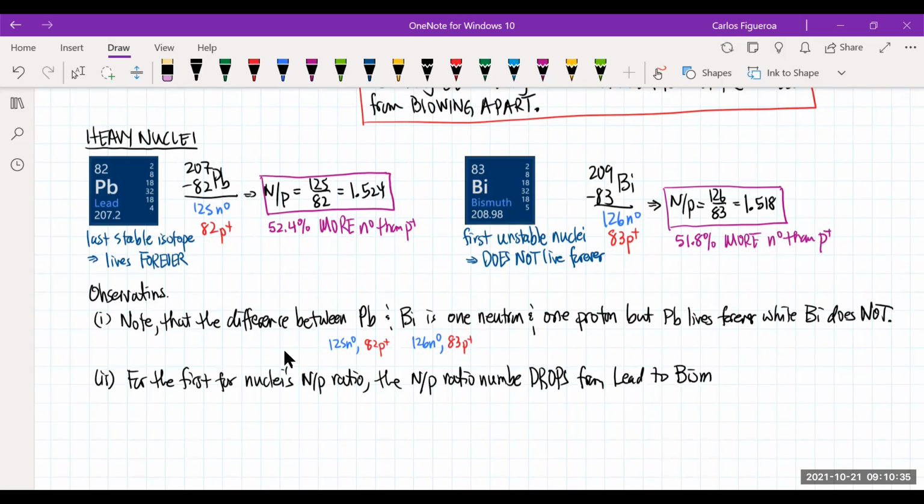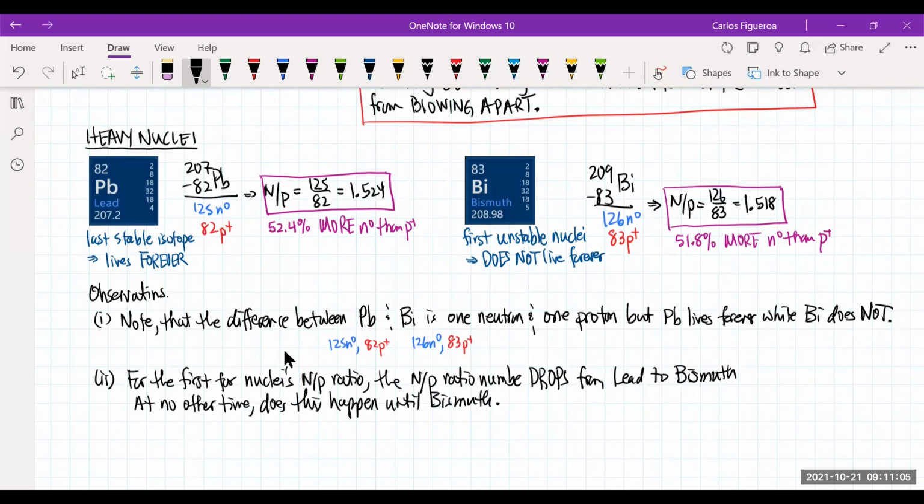No other time in the periodic table do you see a drop in the neutron and proton ratio, at no other time does this happen until bismuth.